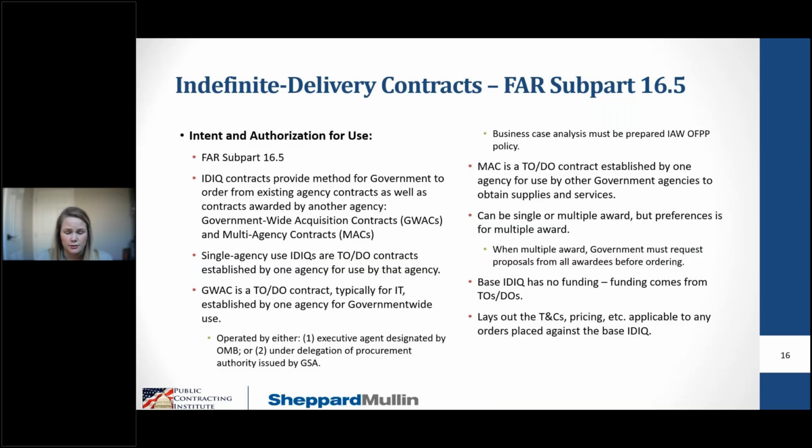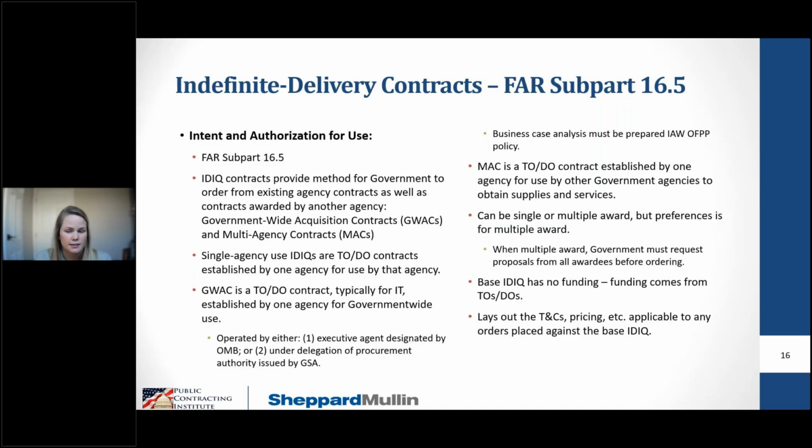Even if the IDIQ is valued at $1 million, the government isn't guaranteeing that you'll actually make $1 million off of that contract. The IDIQs are usually awarded with a base period of performance and several options, allowing these contracts to extend for quite a long period of time at times. And in order to purchase goods or services, the government will issue task or delivery orders against that base IDIQ.